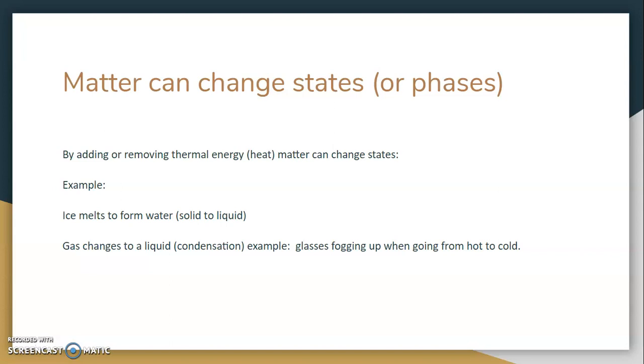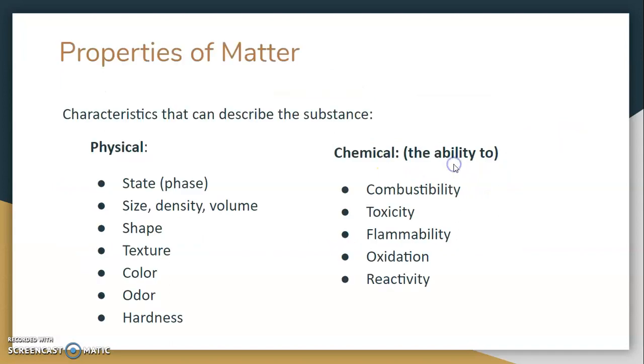If I have gas and gas changes into a liquid, for example, your glass fogging up when going from hot to cold, that's condensation. That is a state change, okay? So by adding or removing thermal energy, if I have a glass of water and I remove the thermal energy, I put it in the freezer and it turns into a solid, that is a change in states or phases.